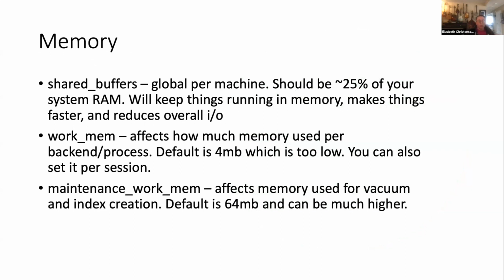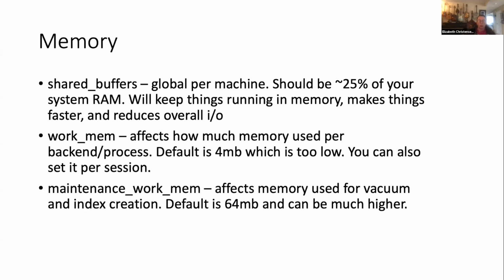Working memory is the individual memory that each individual client backend gets. When we were talking a couple slides ago about how those individual pieces get to shared buffers, each individual connection uses working memory, and Postgres has a default for that, which is 4 megs. Typically that's too low, and so you would divide that out amongst the connections that you have.